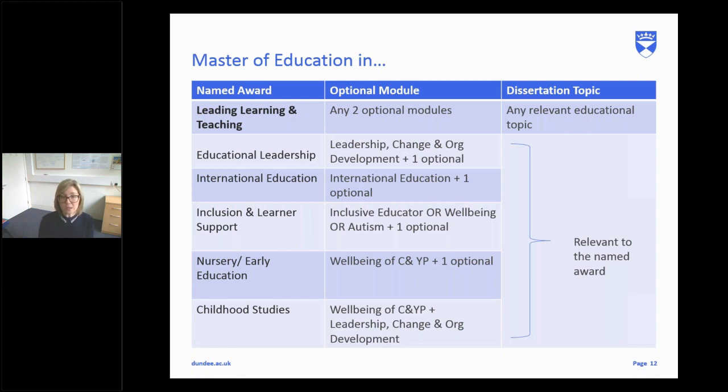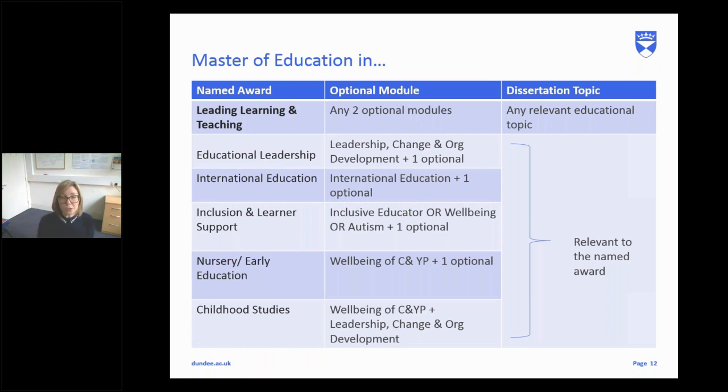And your dissertation topic, should you go through to the full MEd, will need to be on any relevant educational topic, and that is your choice, and you discuss that with your supervisor. So we don't provide you with a list of topics to choose from. It really is centered around your needs.